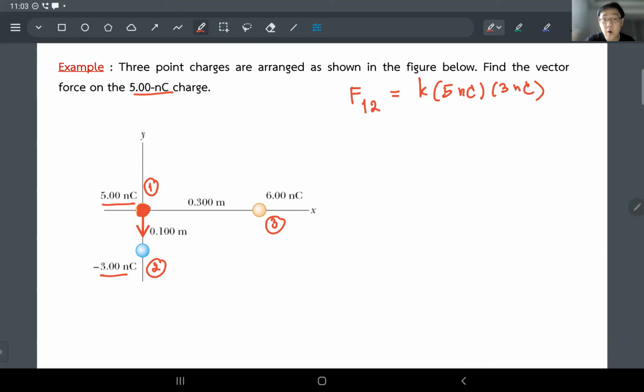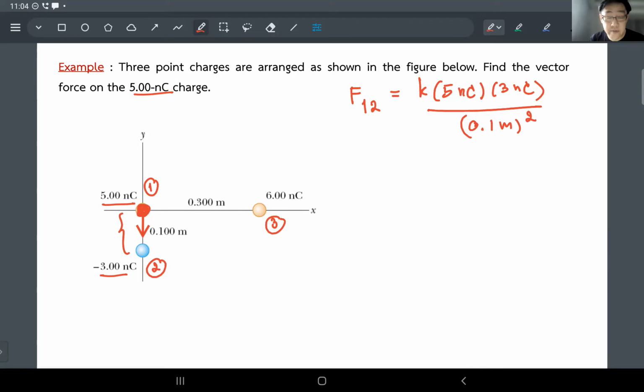So it's K Q1 Q2, divided by the separation, which is given to be 0.1 meter, and then you take the square of this. That's it. That is the amount of force acting on charge number 1 due to charge number 2, the blue.